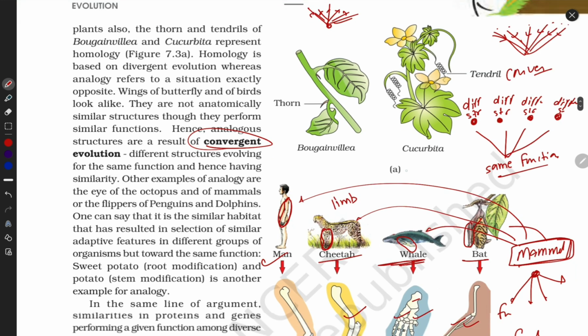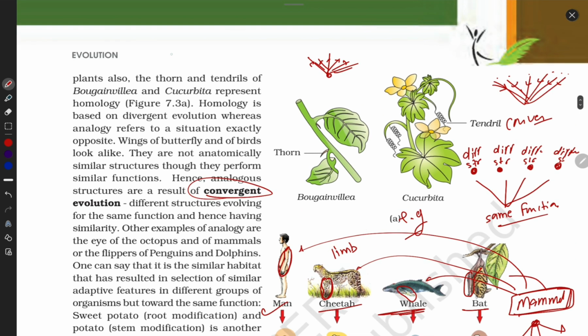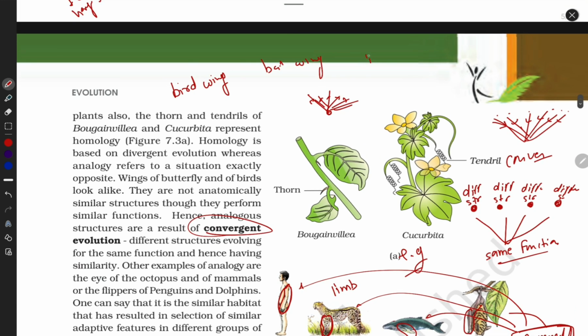Now tell me, what is the example, guys? Bird wing, bat wing, and insect wing. Guys, the bird belongs to aves, the bat belongs to mammals, and the insect belongs to arthropoda.